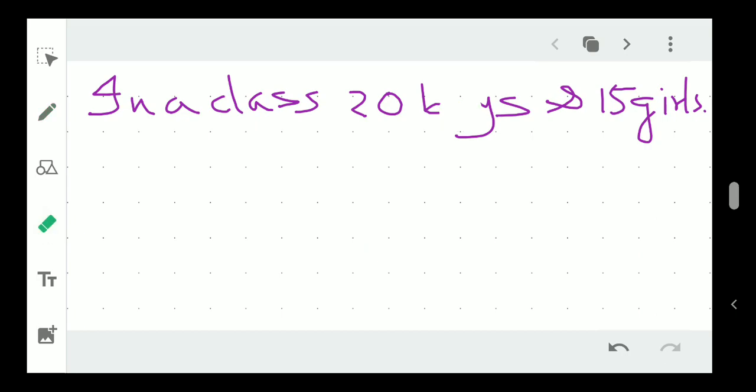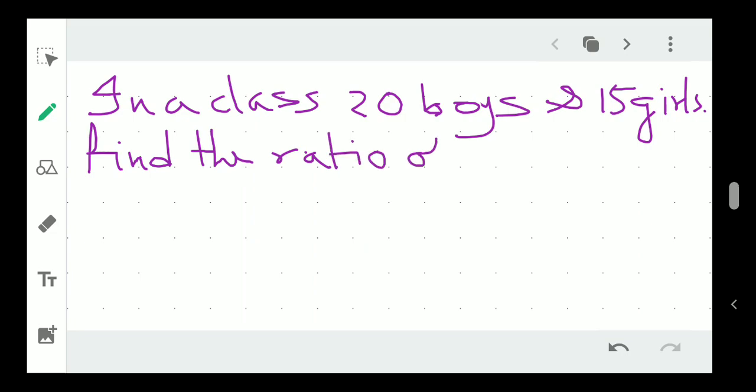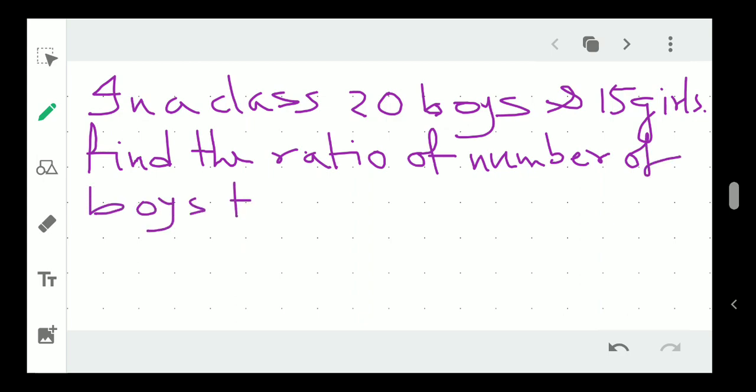Now in that case, if I say find the ratio of the number of boys to girls, so the number of boys to the number of girls, I have to find the ratio.